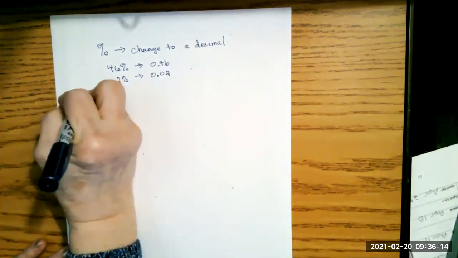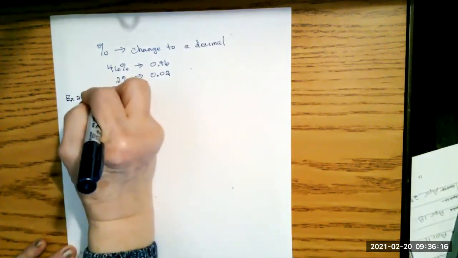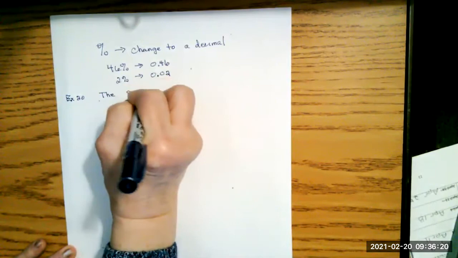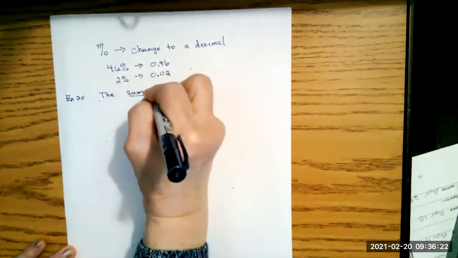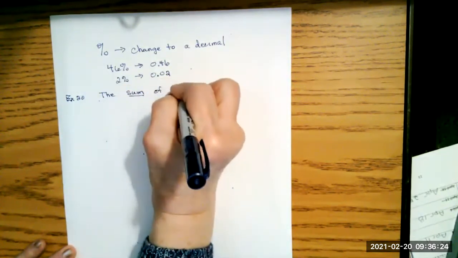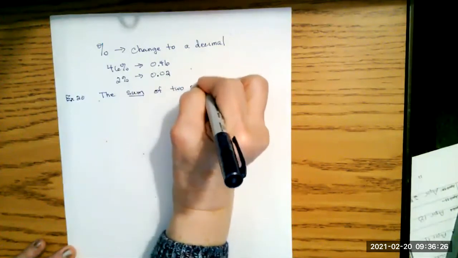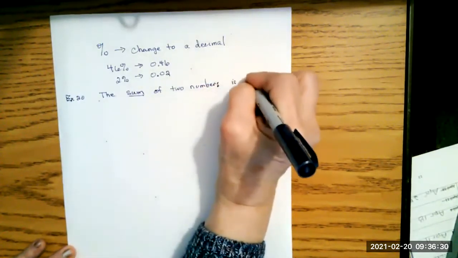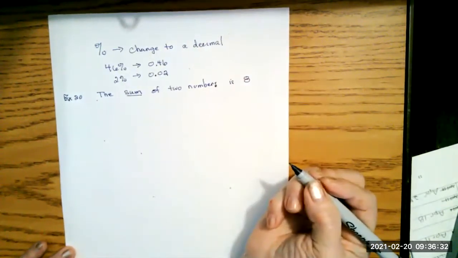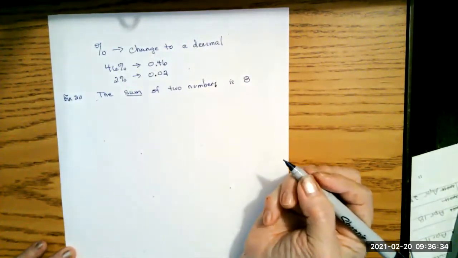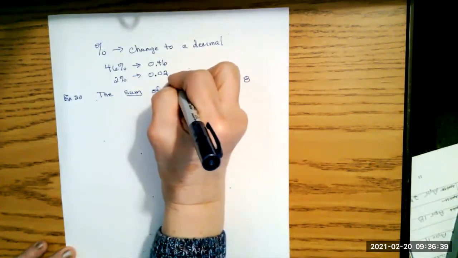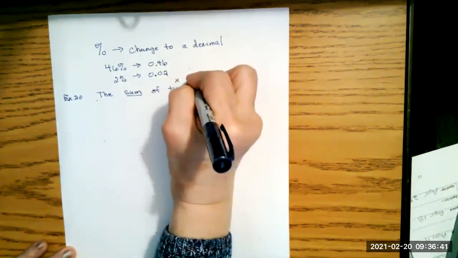This is example 20 from the support section. The sum, notice it says sum, of two numbers is 8. That one will make their first equation right there. Use your two numbers to be any variable. I'm going to use x and y.